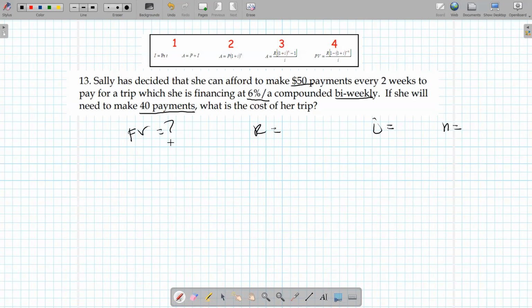And R is 50. That's right. Bi-weekly is, is it like 26? It is. So I is 0.0023. Yeah.